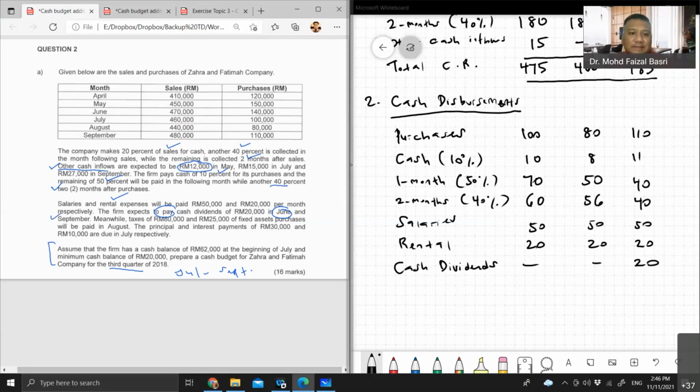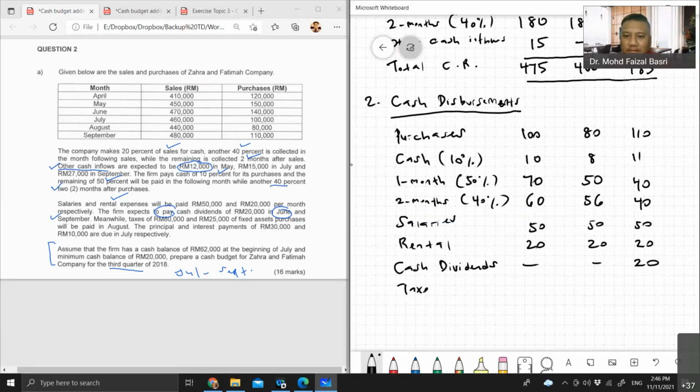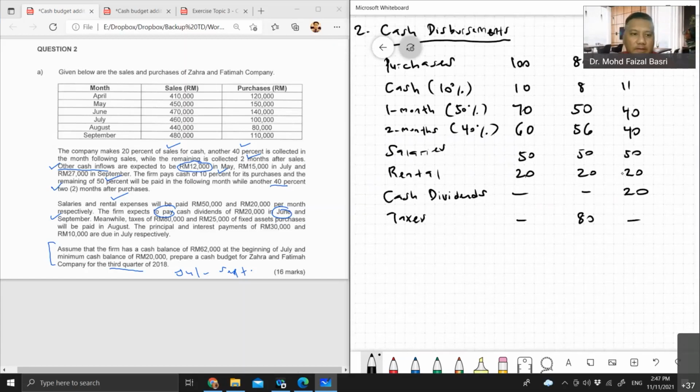Next, tax. Tax of 80,000 and 25,000 of fixed asset purchases will be paid in August. So that means there are two transactions in August. Number one, taxes. The taxes is 80,000 in August. So in the middle we put 80,000. No transaction for July and September. So taxes done.